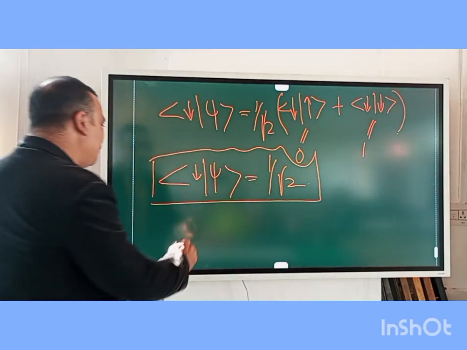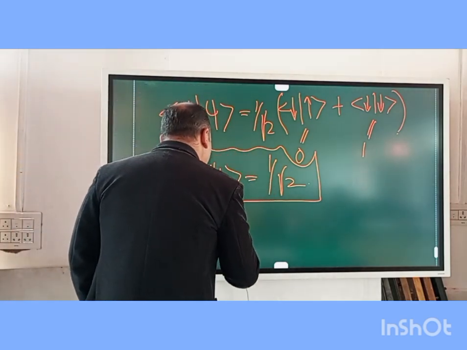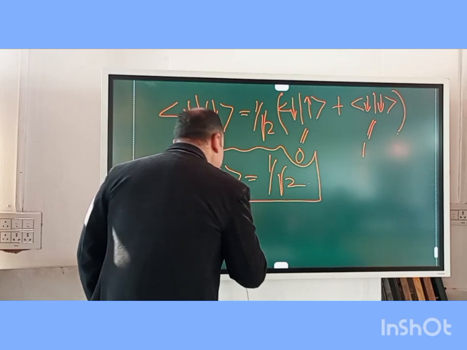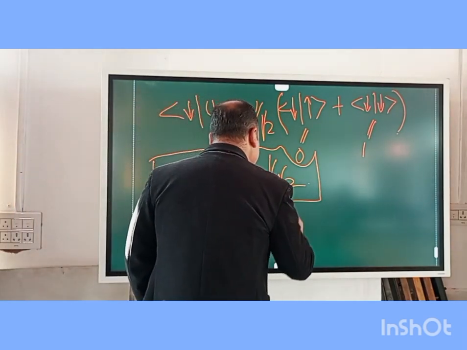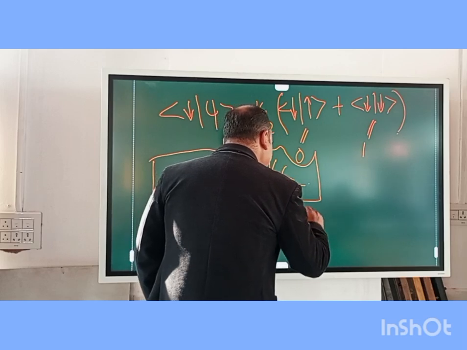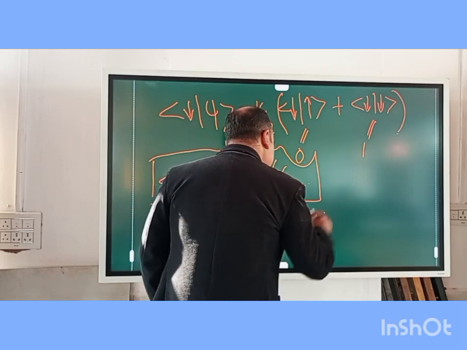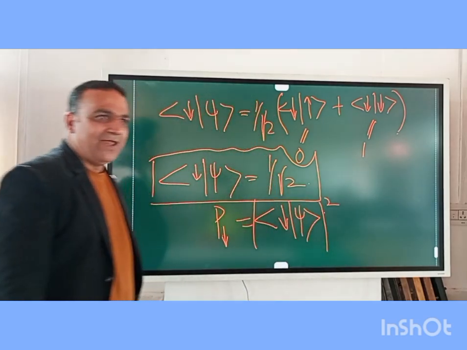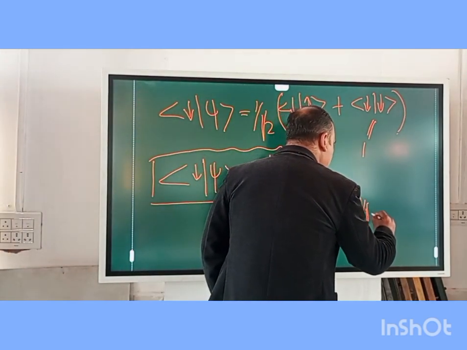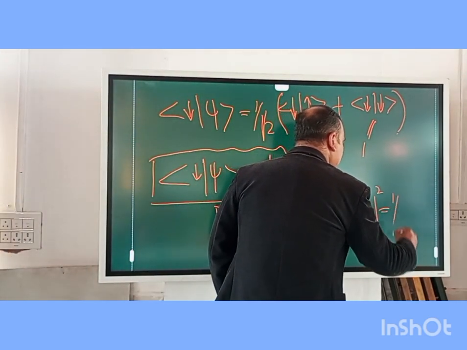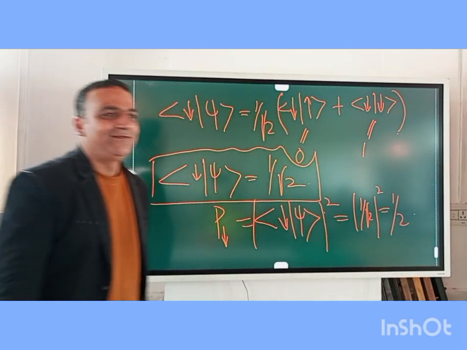So I can write down the probability of having particles with spin down states. That will be given as spin down state psi whole square. Right? So this is simply 1 by root 2 whole square. This is equal to 1 by 2. Right?